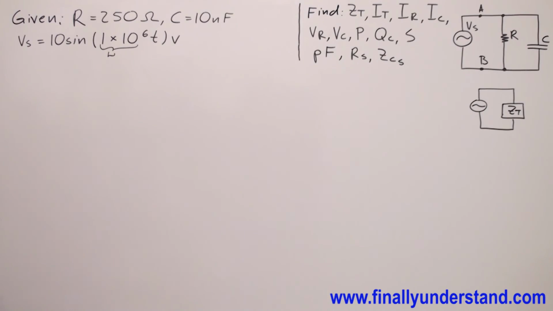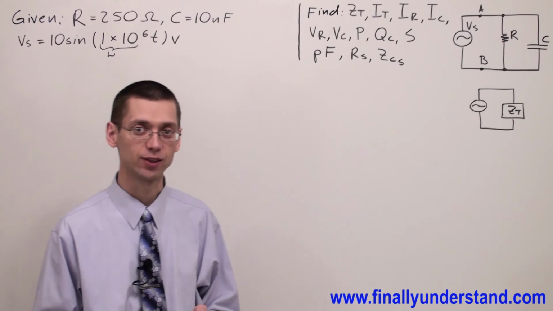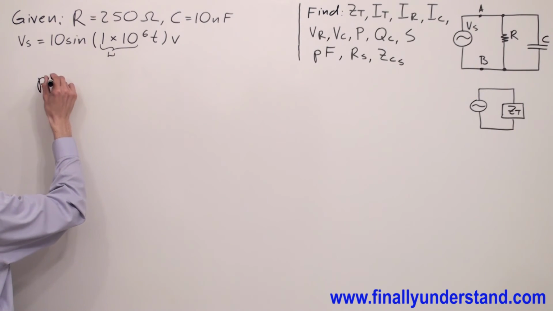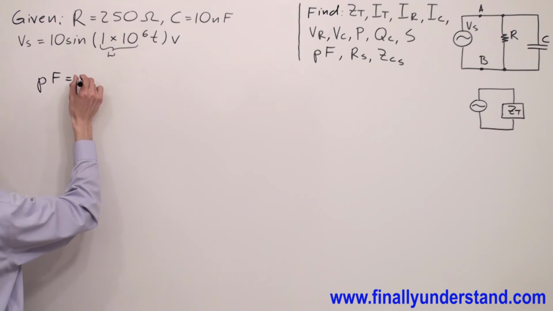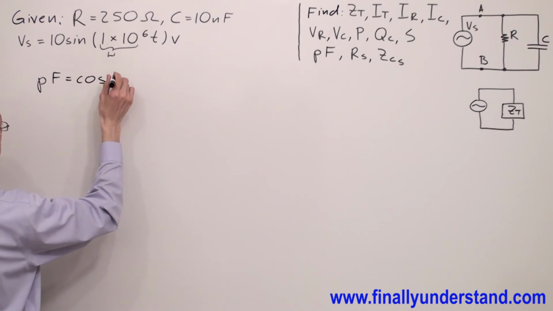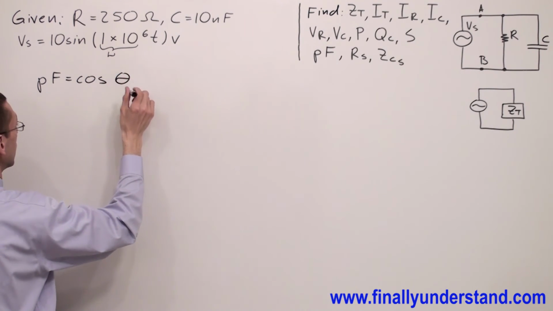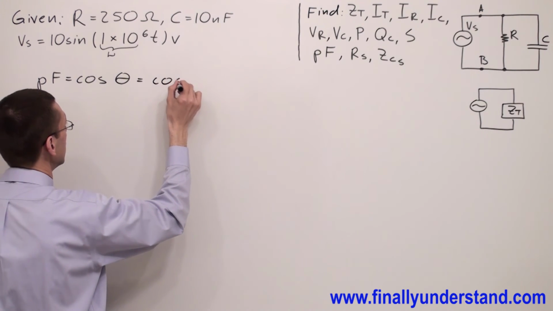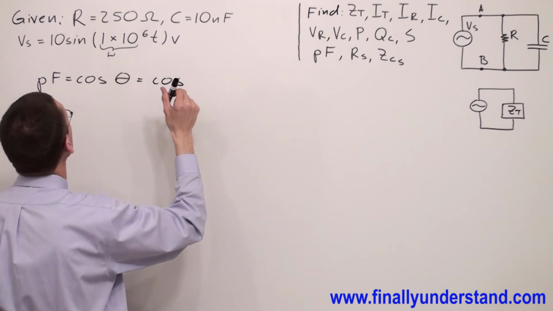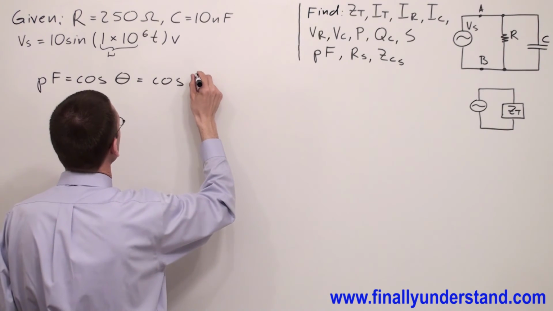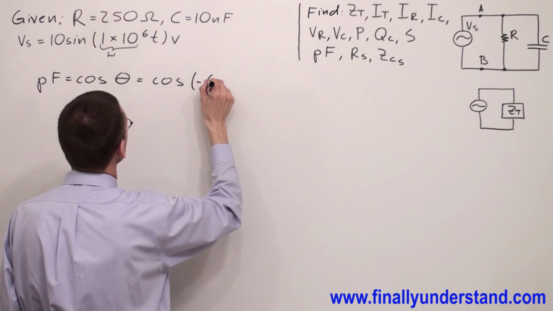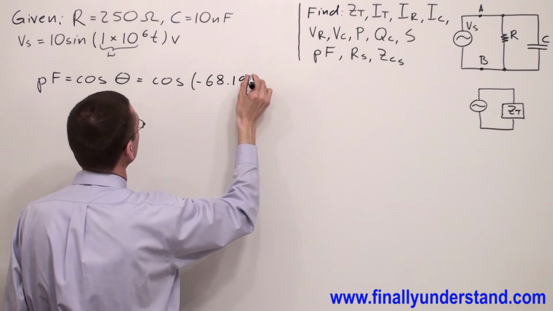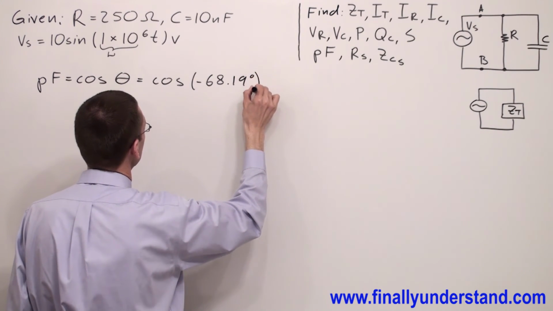Next, we're supposed to find the power factor. The formula for power factor says power factor is equal to cosine of angle theta. So I have cosine of angle negative 68.19 degrees.